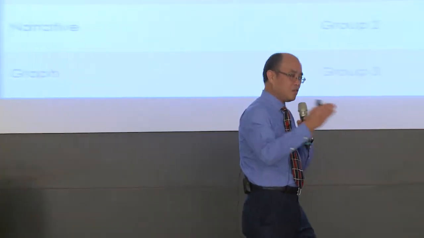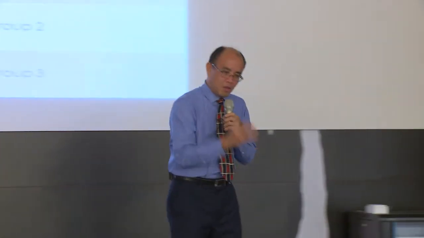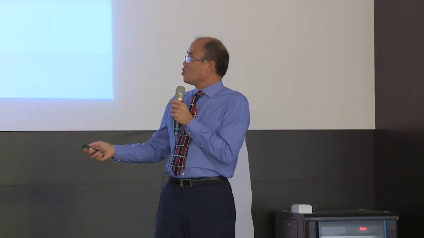So group 1, basically we just give the participants a very concise explanation about the strategy and the link between strategy and performance measures. The second group, we add more information with examples, for example, with more narration.